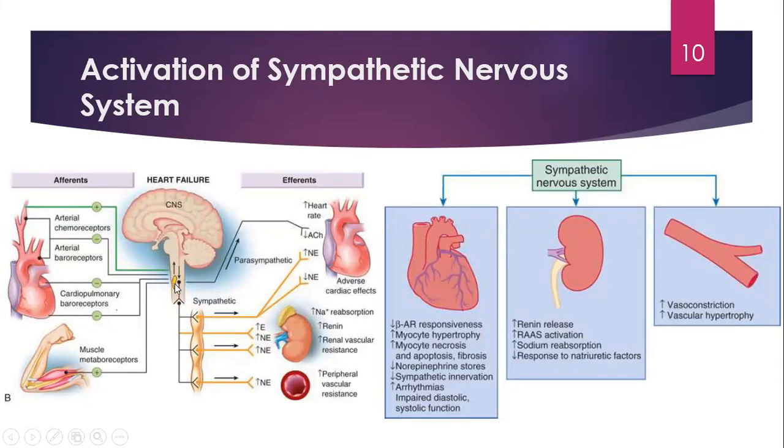However, at the same time when sympathetic output is increased, parasympathetic output is depressed, so there is reduced release of acetylcholine at the parasympathetic or vagal innervation of the heart, which is mainly to the SA node and the AV node. So there is reduced vagal stimulation but increased sympathetic stimulation.